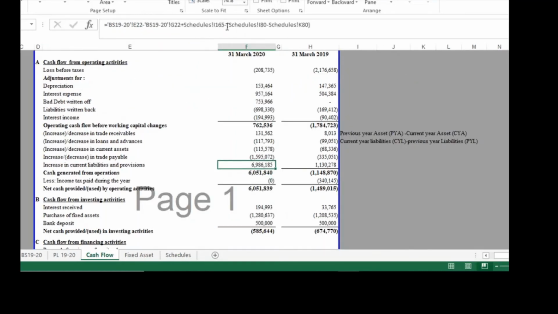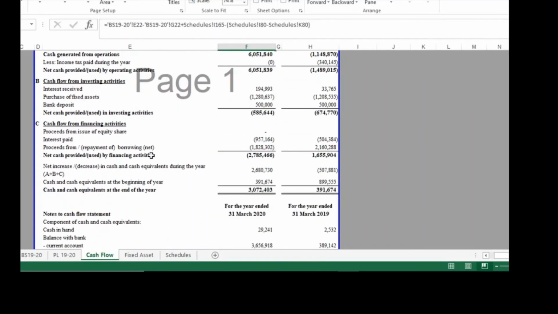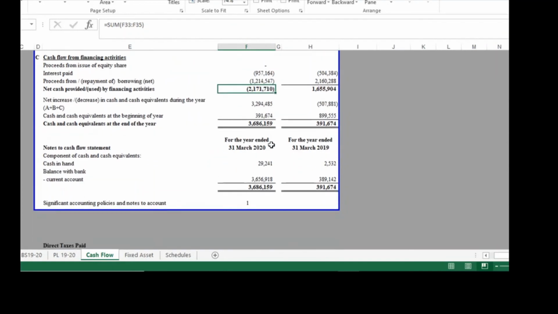If we have put a minus sign here, we need to add it somewhere else. So we copy this formula, and because this is related to financing activity, we are going to add it under financing activity. We can see our cash flow is still matching.